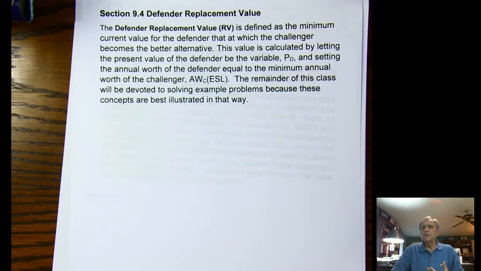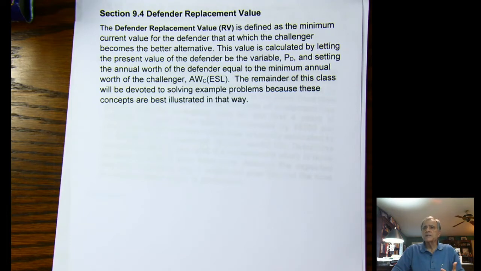And so when we have this type of problem, we let the present value of the defender, P sub D, be a variable. And then we find the value at which the annual worth of the challenger equals the annual worth of the defender.